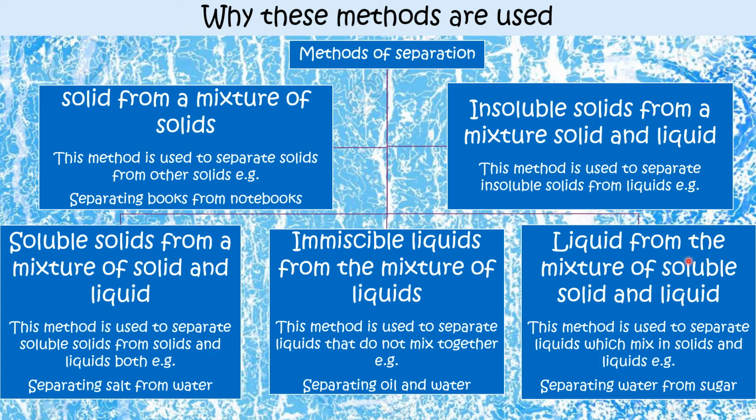Liquid from a mixture of soluble solid and liquid: this method is used to separate liquids which mix in solids and liquids. Example, separating water from sugar. If water dissolves sugar in it, we can say that they are both soluble in each other.